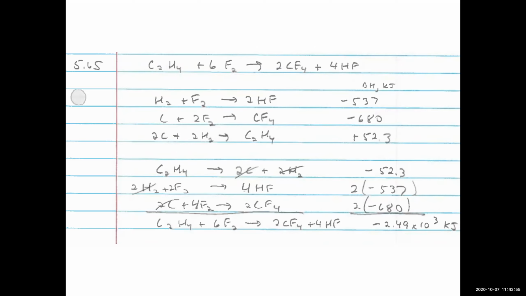You don't have to put the positive, but for me, I put the positive. Delta H values tend to have the positive on them, just so people know I didn't forget it. But technically you don't have to put it on there.